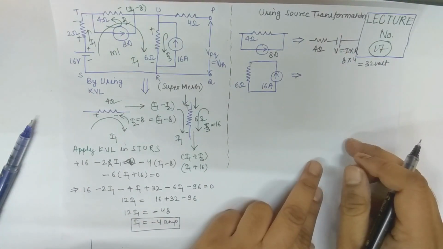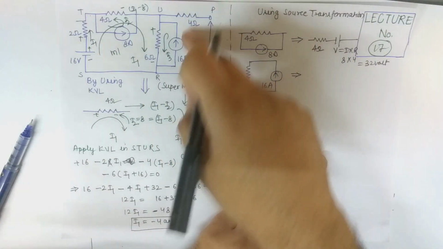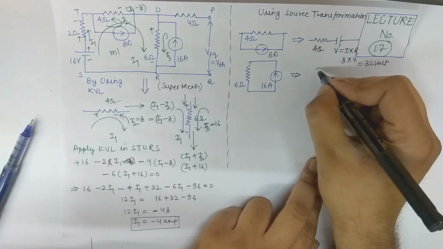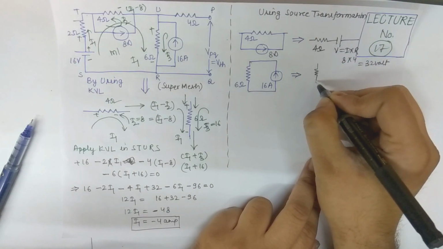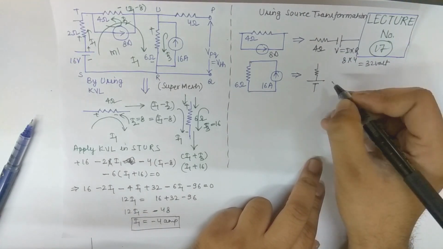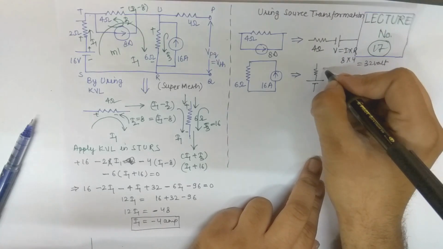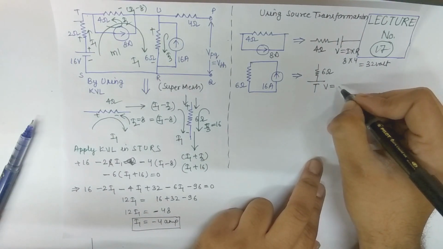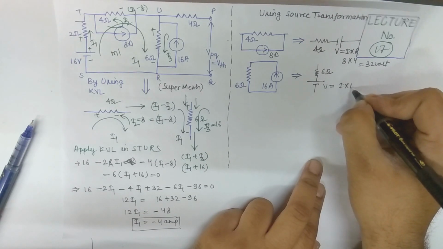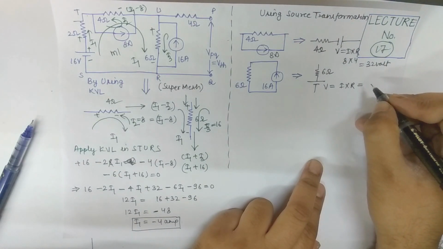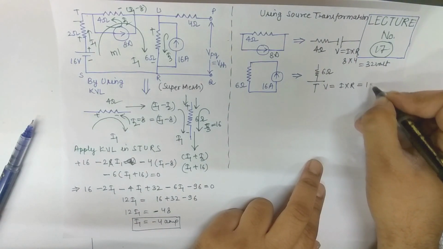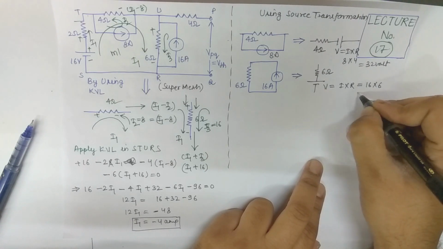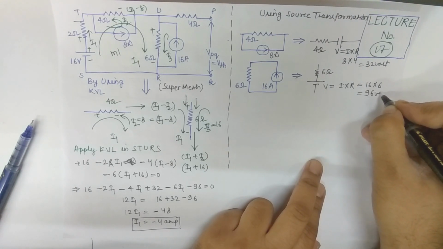So this is 32 volt. Similarly for this 6 ohm and 16 ampere, this is resistance and this is a battery. This is 6 ohm resistance and the value of this voltage is I into R. So I is 16 and R is 6, that is 96 volt.